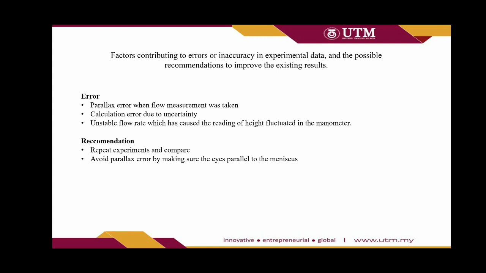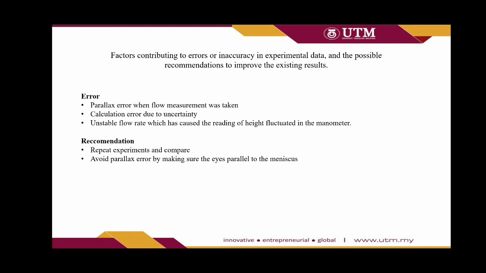Factors contributing to error or inaccuracy in the experiment data and possible recommendations to improve the assessment result. The error in the experiment may be due to parallax error when the flow measurement was taken. Second, calculation error due to uncertainty and unstable flow rate, which caused the reading height to fluctuate in the manometer.